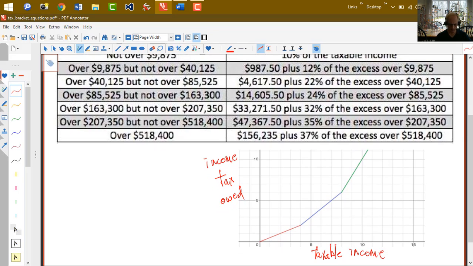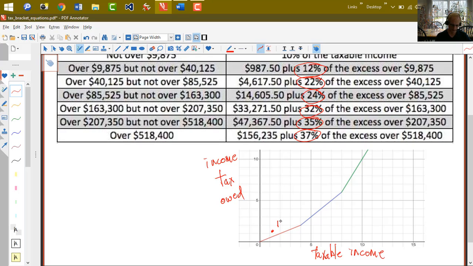Well, whatever these percentages are going to be, they are the slope values of each little line segment. And each one of these lines in the tax table is going to be a line segment in our graph.